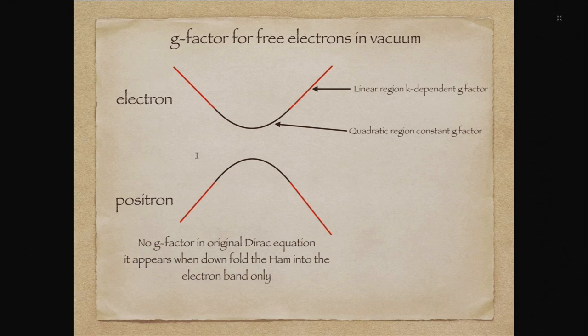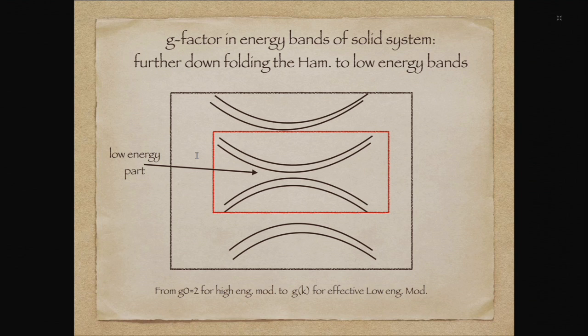So the original G factor for solid states is not k dependent. It is simply g equals 2, right? For a spin 1/2 system. But then we come to these energy bands.